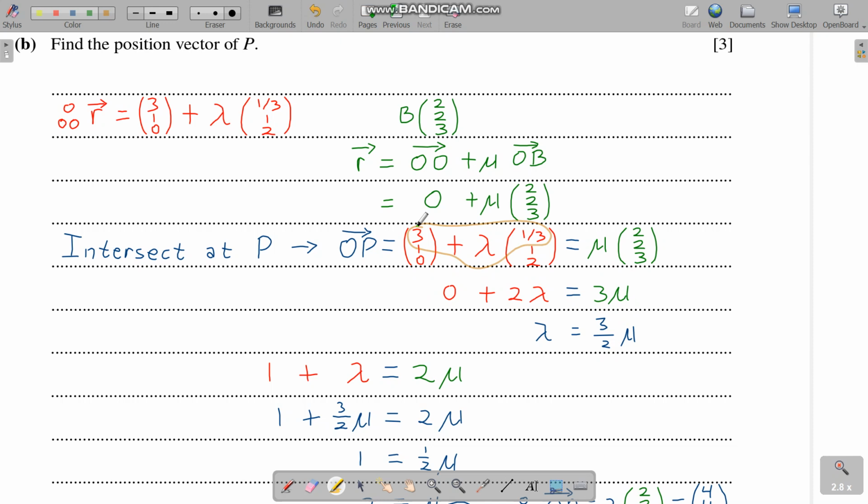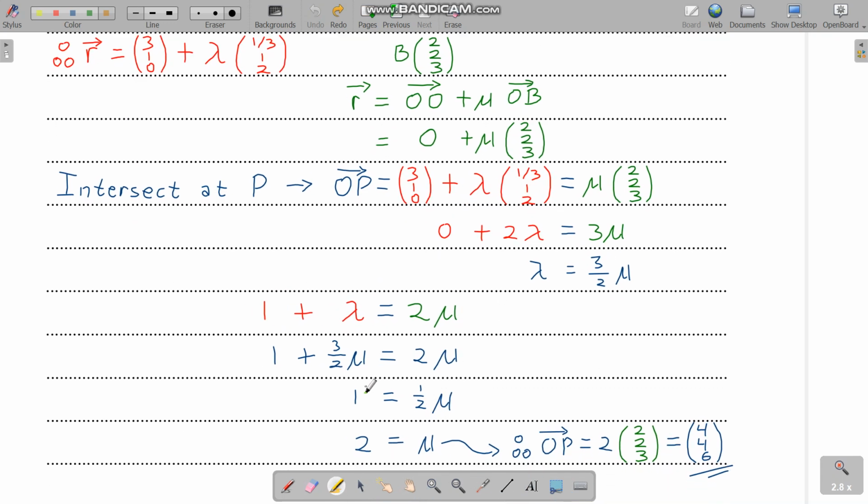Actually we use the y component here. 1 plus lambda, the y component, equals mu, the y component. So we replace this lambda with 3/2 mu, so we can find the mu. Subtract 3/2 mu from both sides, we get 1/2 mu on the right.